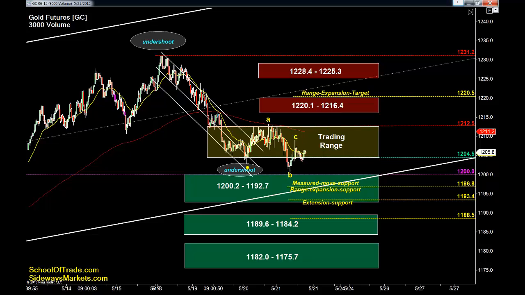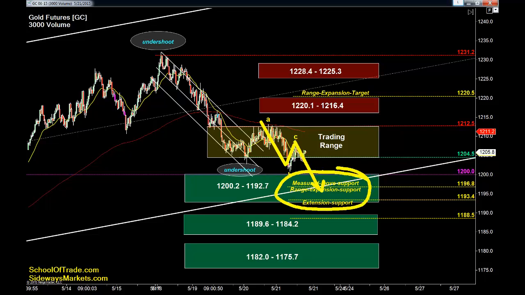You see the sellers got rejected there, sellers get rejected here, sellers get rejected here. It's not looking very bearish at this time. So keep an open mind for that measured move on the way down here on gold. And if you do get that push lower, you know where you can sell down to.